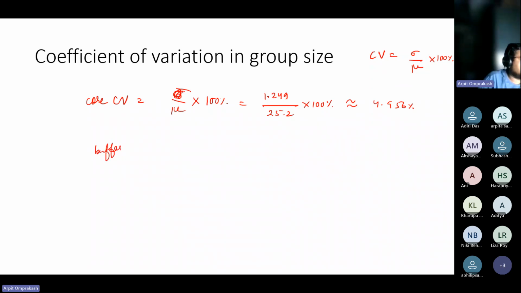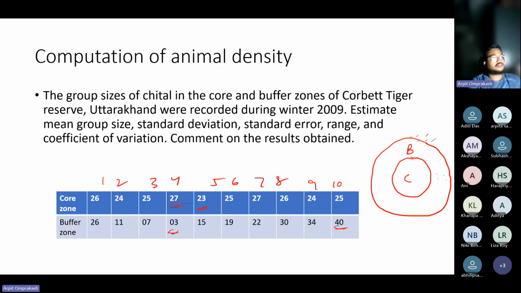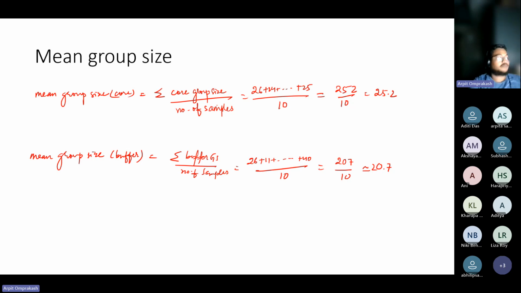And similarly, for buffer, we have 11.385 divided by 20.7 into 100, which gives us somewhere around 54.998%. Okay, so now we'll go back. We have made the calculations, so we'll look at it one by one.